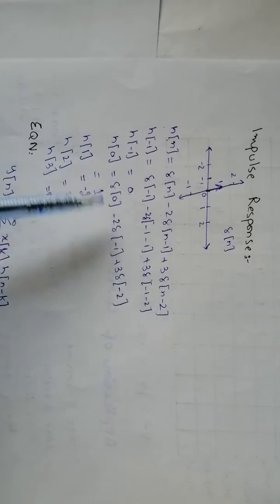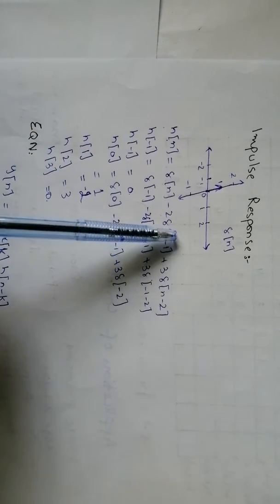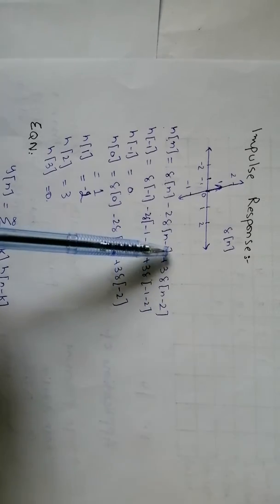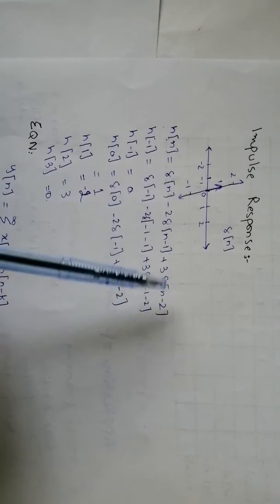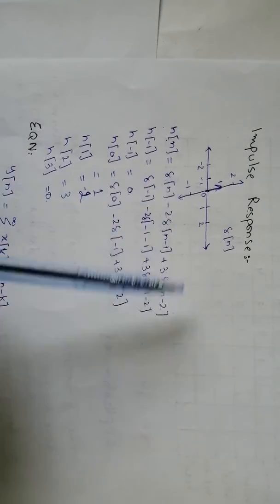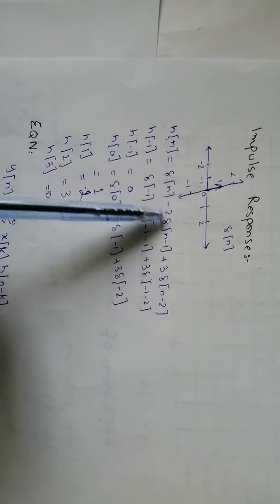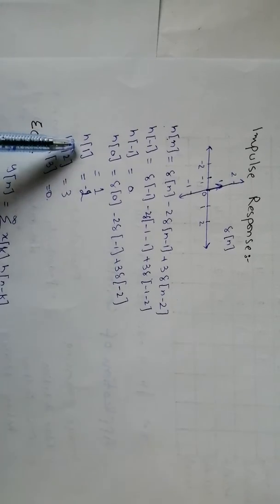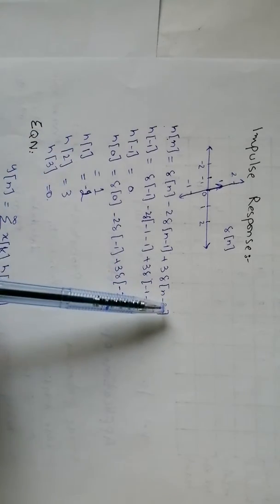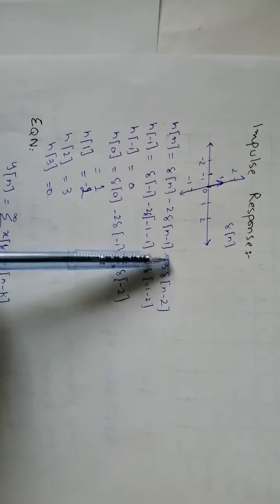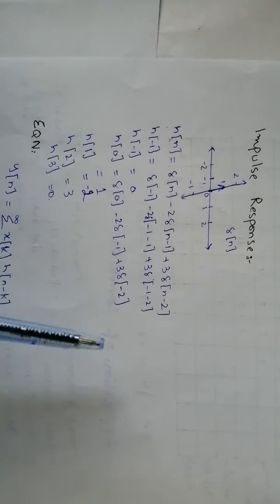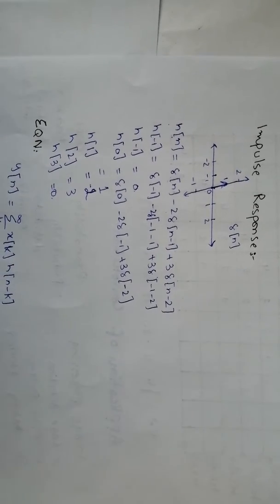H of 0 gives 1. As I told you, h of 1 will give value on this delta. 1 minus 1 is 0, so this will be 1. It is multiplied with minus 2, so h of 1 will be minus 2. Meanwhile h of 2 will be 3 and h of 3 will be 0, and every other value will be 0.